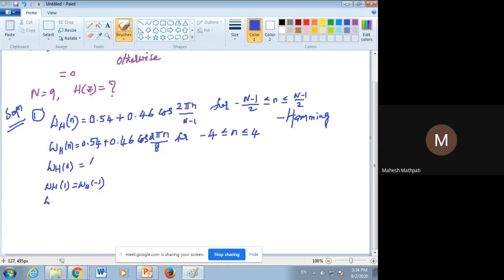Then omega h of 2 is equals to omega h of minus 2, omega h of 3 equals omega h of minus 3, omega h of 4 equals omega h of minus 4. Now you tell me the values.